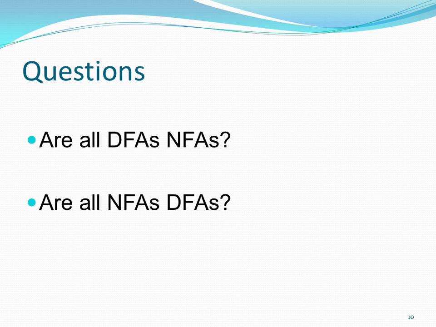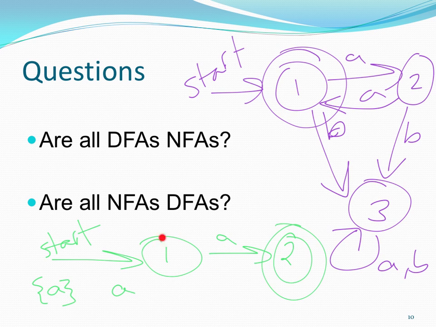Oops, I didn't write start on this one. Tisk, tisk. And I didn't write start up here. But down here, no out transition. Maybe it's just a language over the alphabet A, but there's no out transition for A on state 2. So not a DFA, but it is an NFA.